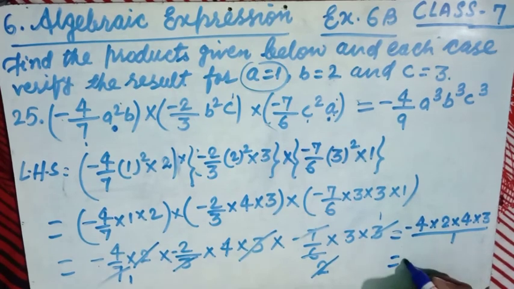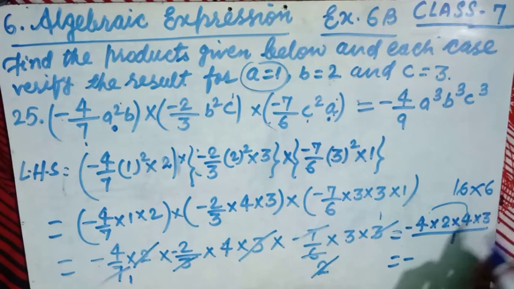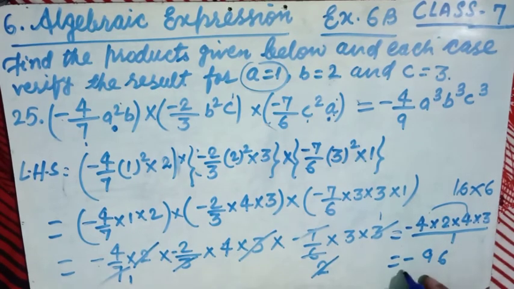Multiplying directly, here is the 4. 4 times 4 is 16. 16 times 6 is 96. So the left hand side is 96.